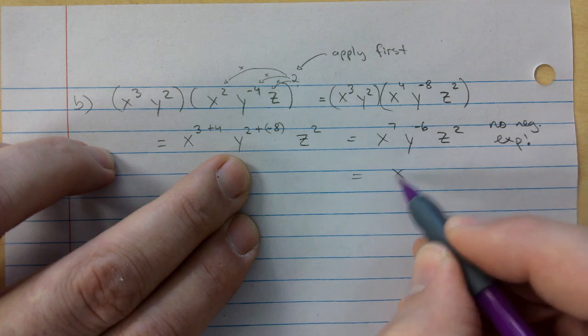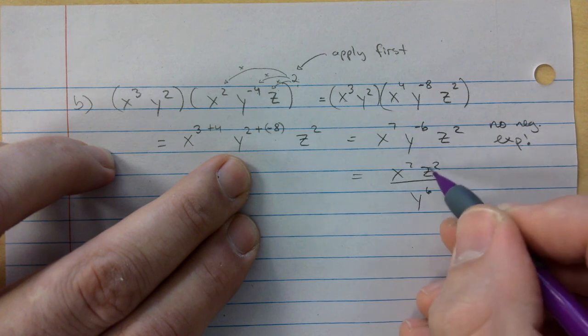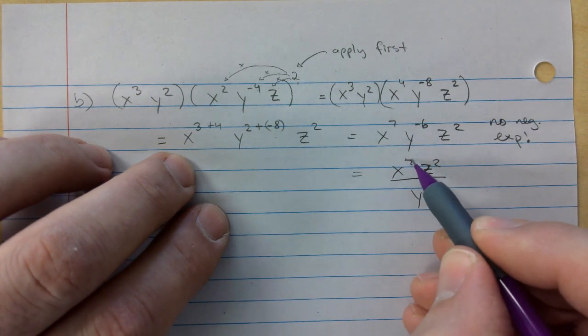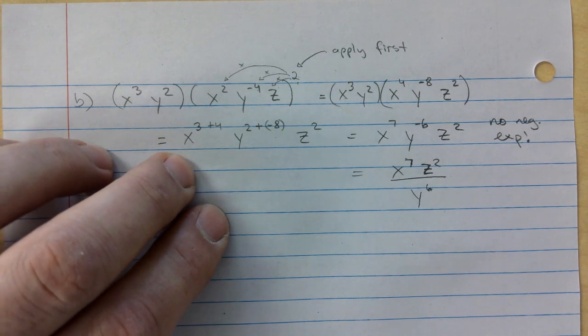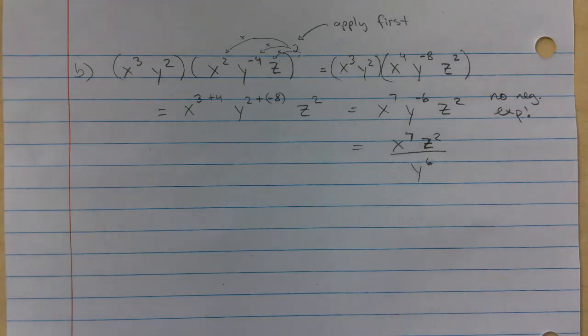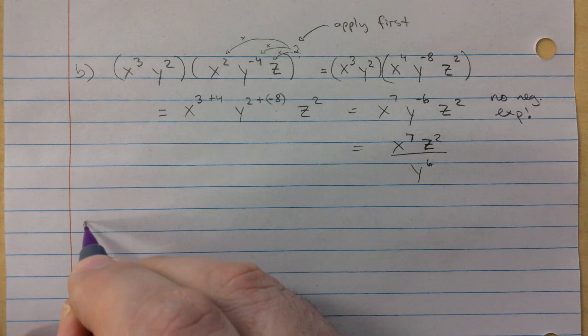Okay, so we just say, well, that's fine. You just bring it down to the denominator. Let's do another one-liner. C.